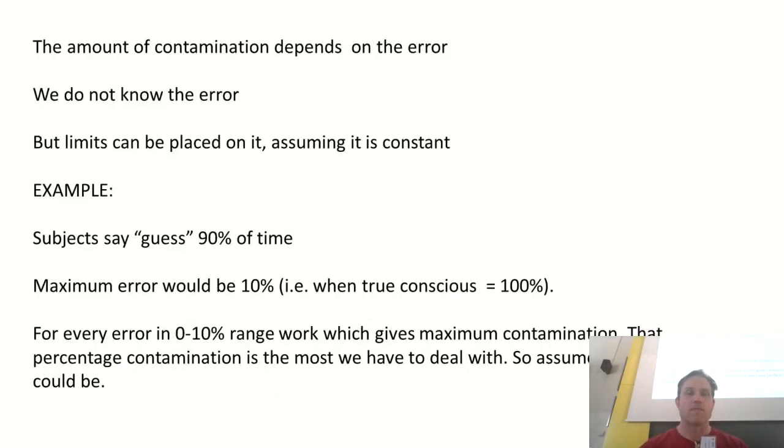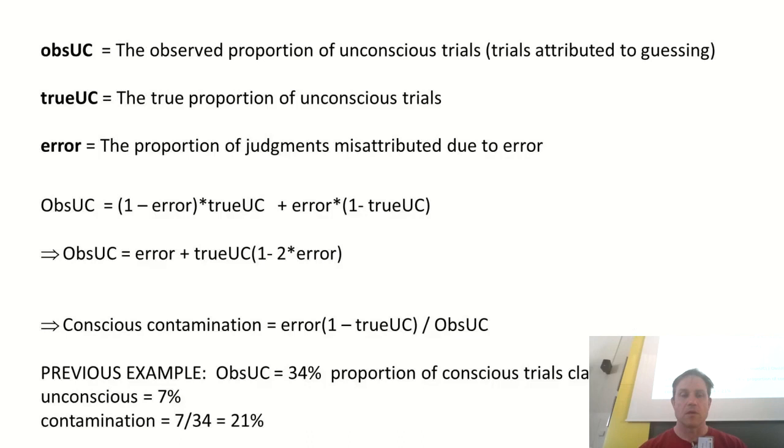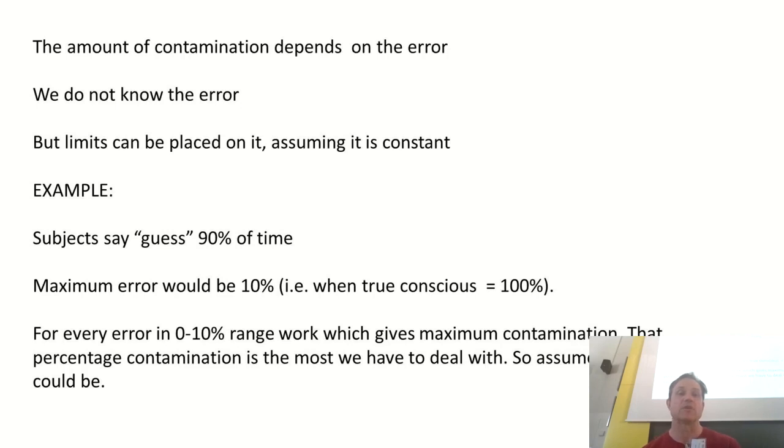Now, the trouble is, obviously the amount of contamination depends on our error in measurement. I gave you the example of 10%, but we don't know what that error is. That's an unknown. But limits can be placed on it. We can know what the maximum value is. And this can be very useful, because if we can say what the maximum contamination is and we can control for that, then we've controlled for the worst case scenario.